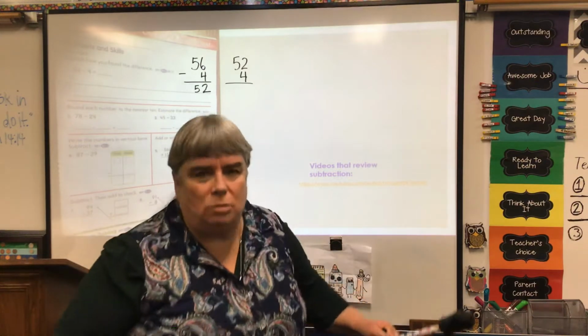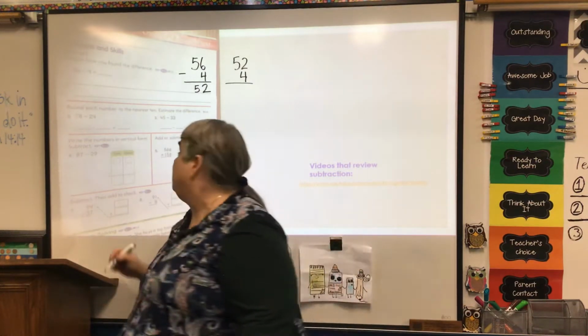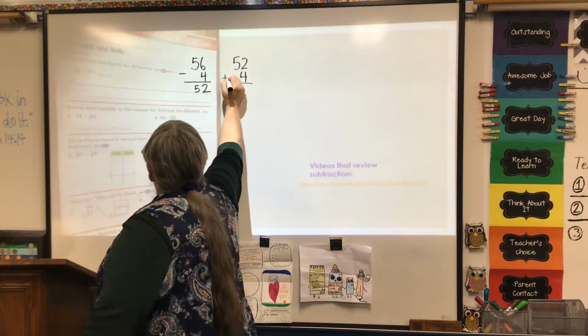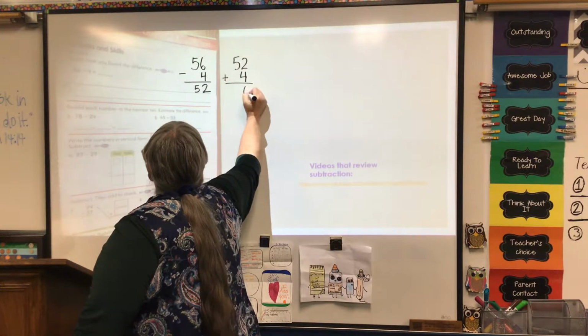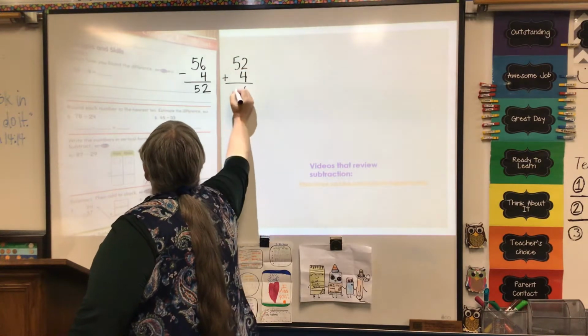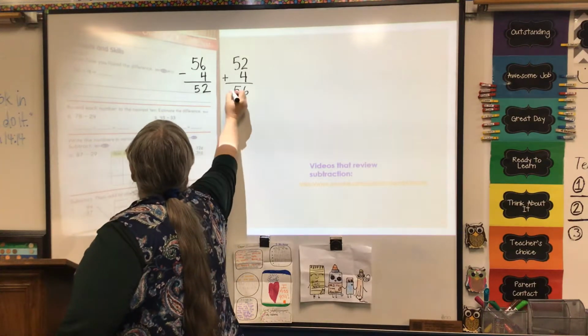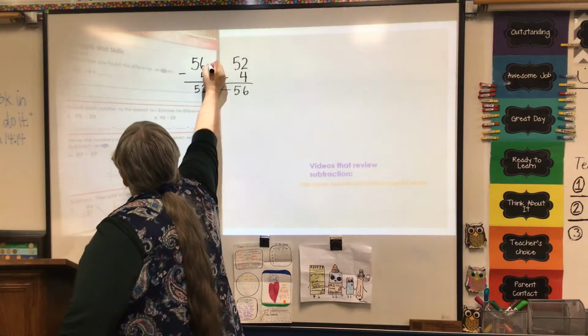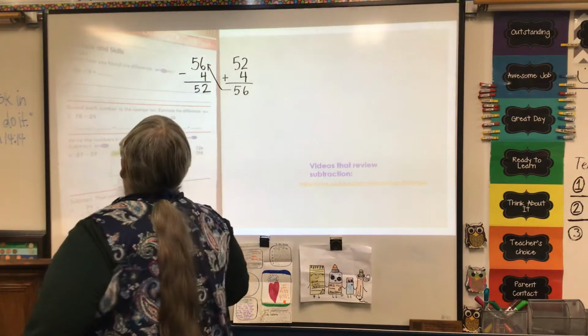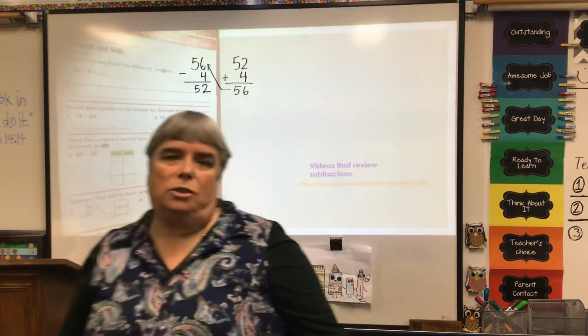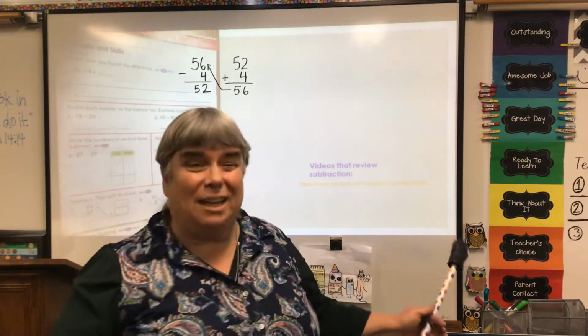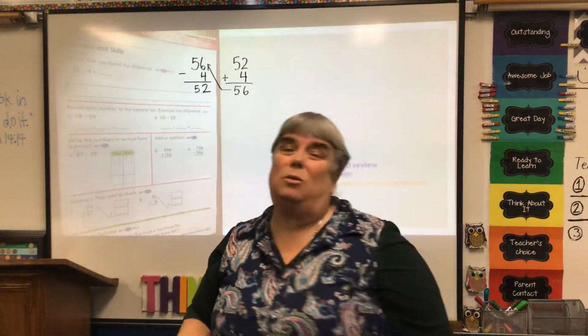Remember, I'm going to do the opposite. So I'm going to add 2 plus 4 is 6. 5 plus nothing is 5. So now this is called my sum. And what I found is that those two numbers match. So when I do that, I've checked to make sure that I did it correctly.